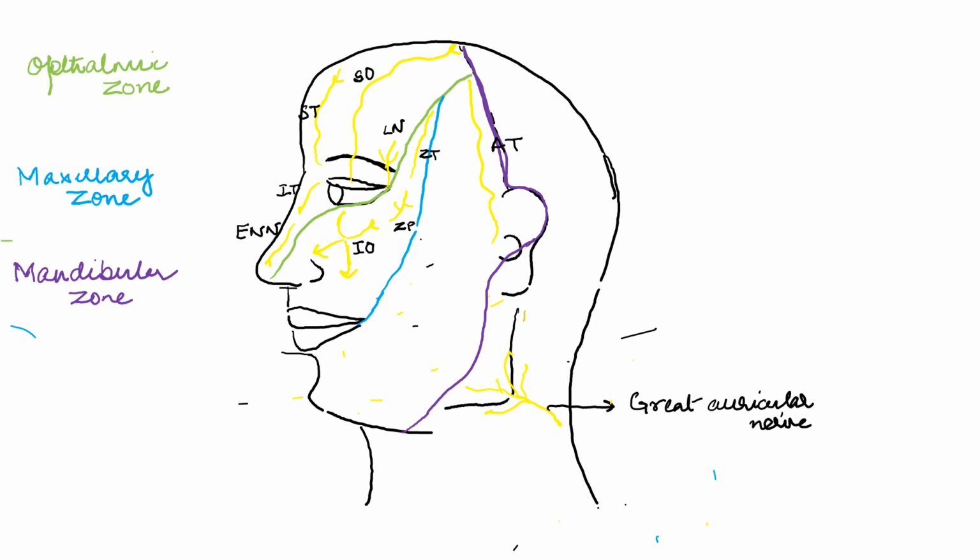Auriculotemporal nerve. Then the cheek is supplied by the buccal nerve. Label it like this, okay? Buccal nerve. Auriculotemporal nerve.